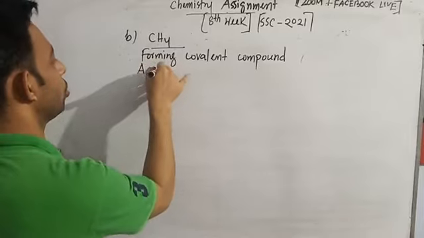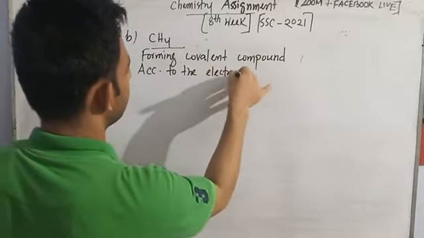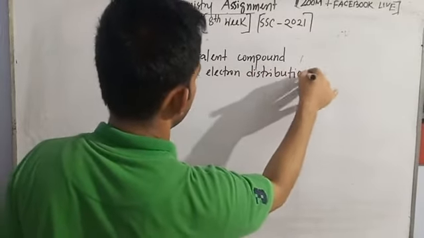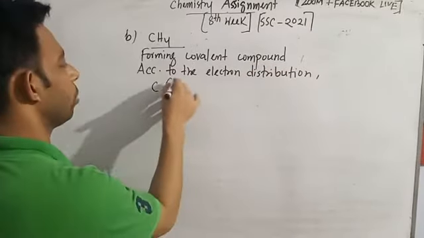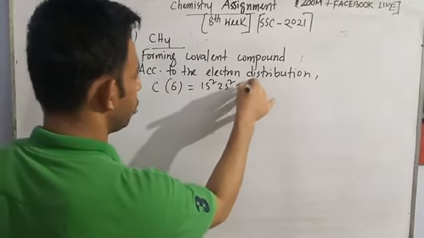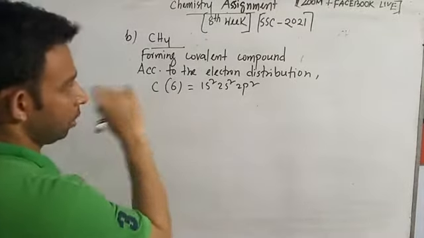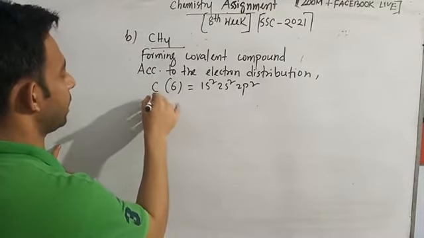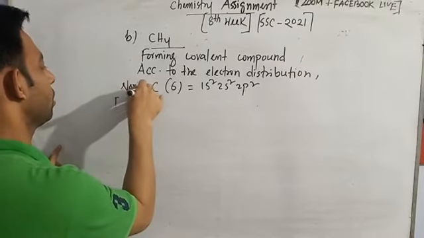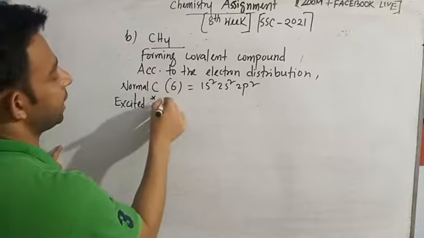According to the electron distribution, carbon: we already know 1s2, 2s2, 2p2. This is the normal state. But in the excited state we can write it differently.